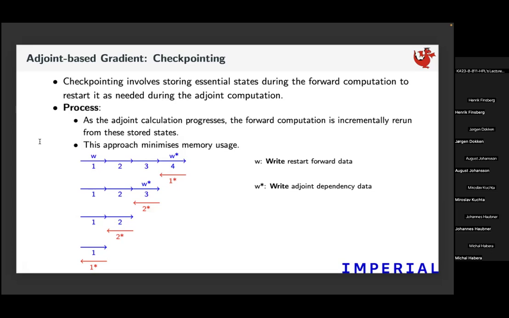Right, I want to compute the second step of the adjoint, but I don't have the data. So I restart the forward solver here at step 1, and then I compute the adjoint until the final step. So with checkpoints given by some checkpoint algorithm, I can save memory for this kind of problem.